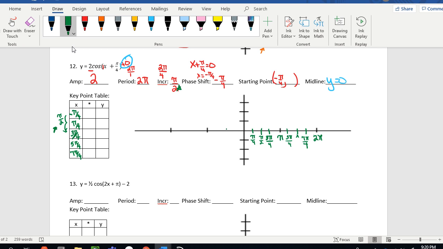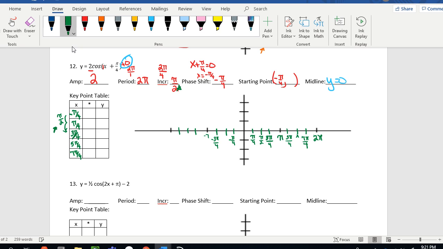Okay, and then I come over here and I have to repeat everything I just did. Notice my numbers. So I have to have negative pi over 4 for starters. And then I'm not going to be using pi over 2, so I'm going to go to 3 pi over 4.